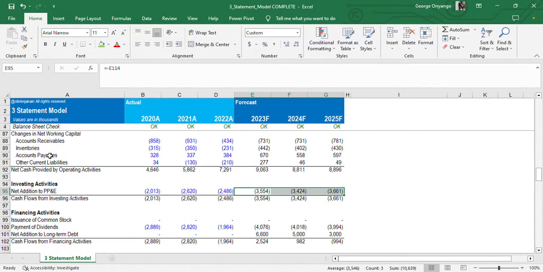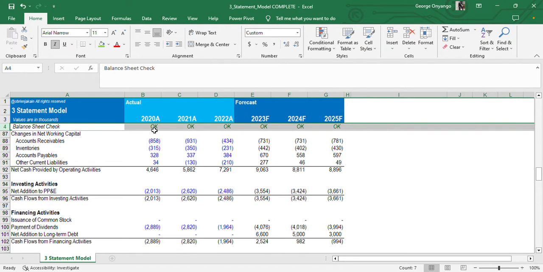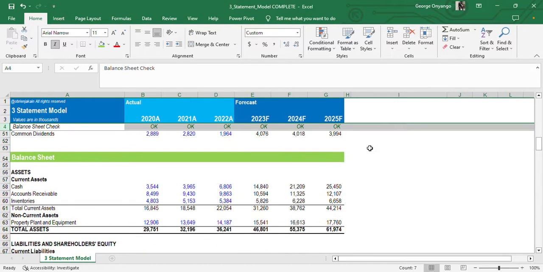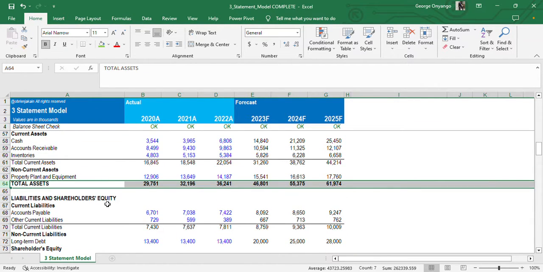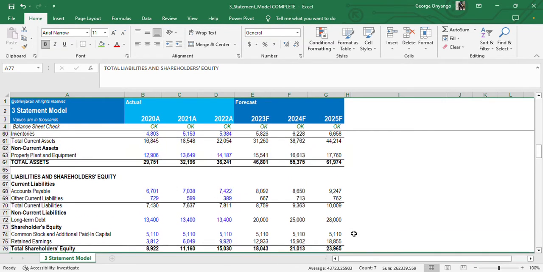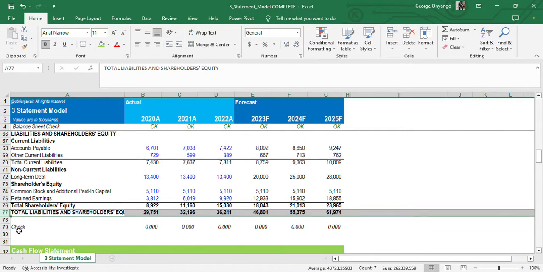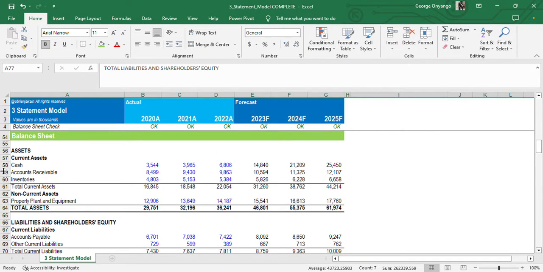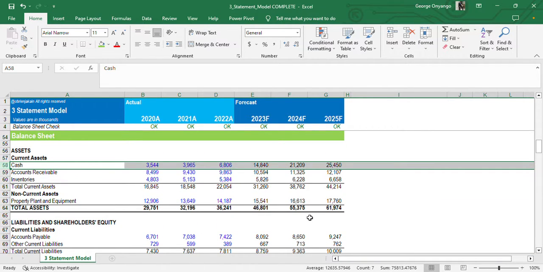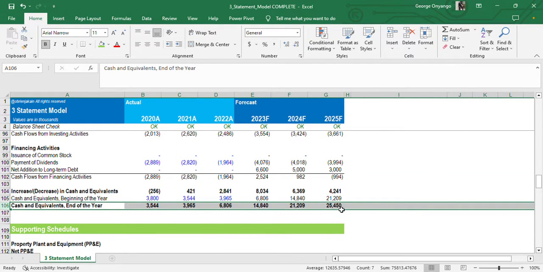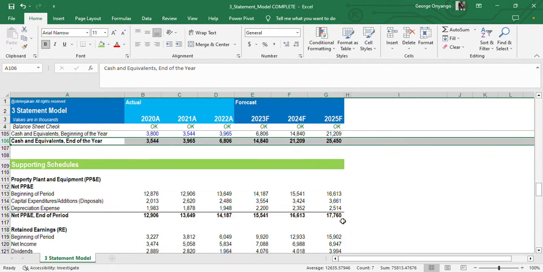And from now you can see our balance sheet check is giving us okay. That means that the balance sheet balances, the total assets and the total liabilities and shareholders' equity balance. And even if you check our cash check, it shows you that the cash in the balance sheet and the cash in the cash flow statement is the same.